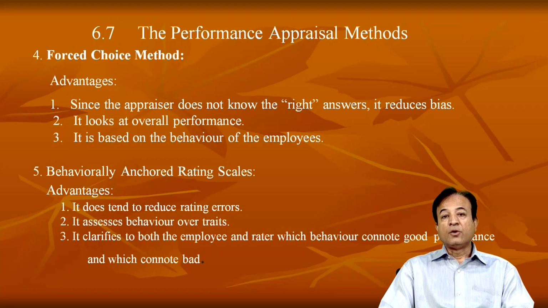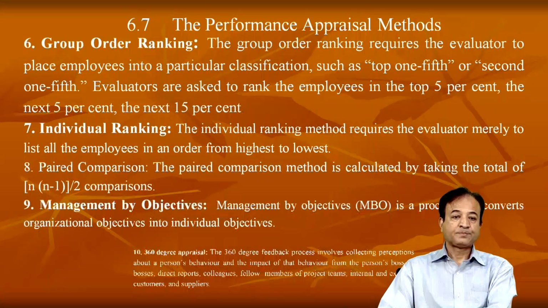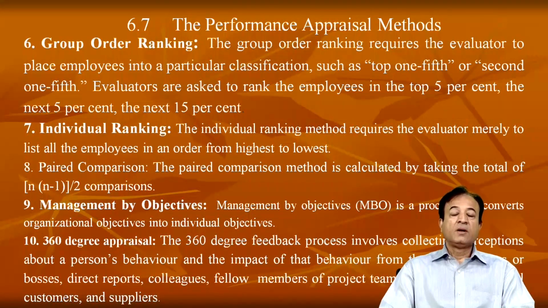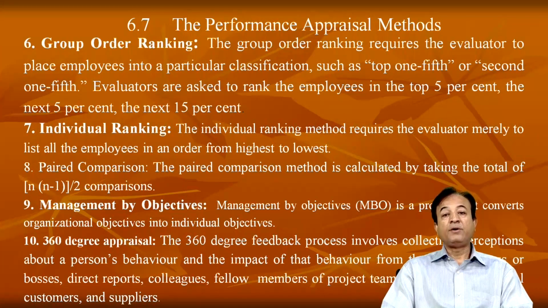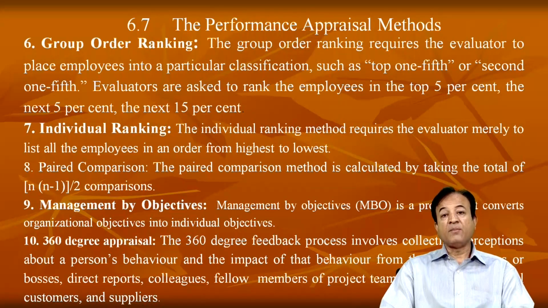Now 6, group order ranking. What is group order ranking? The group order ranking requires the evaluator to place employees into a particular classification, such as top one-fifth or second one-fifth. Evaluators are asked to rank the employees in the top 5%, the next 5%, the next 15%.